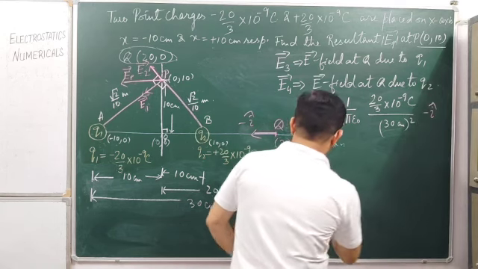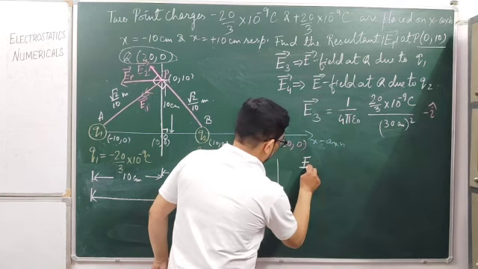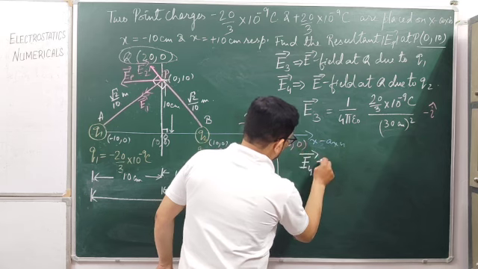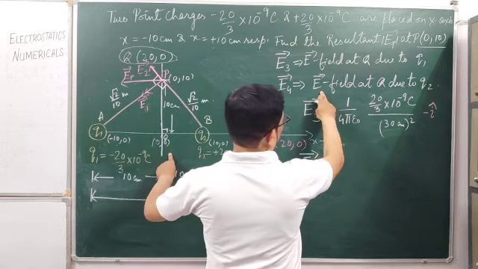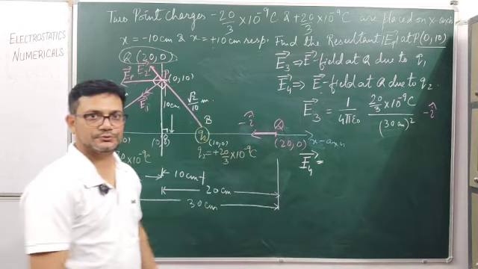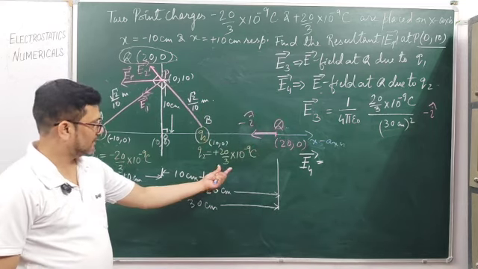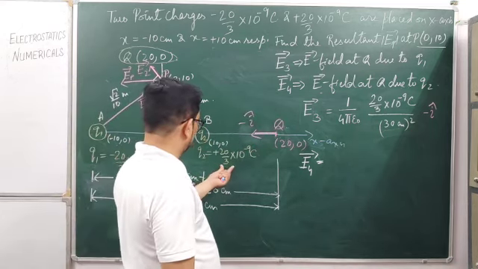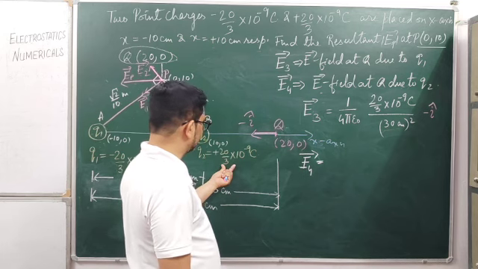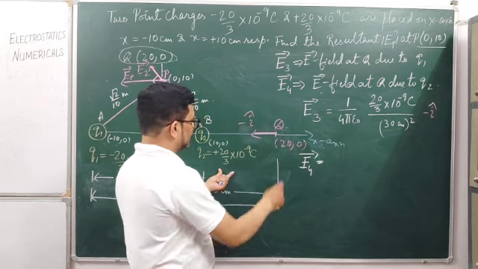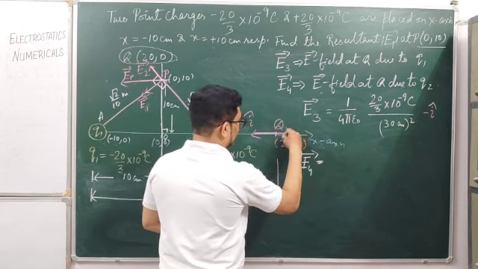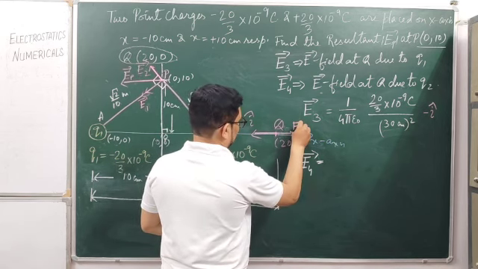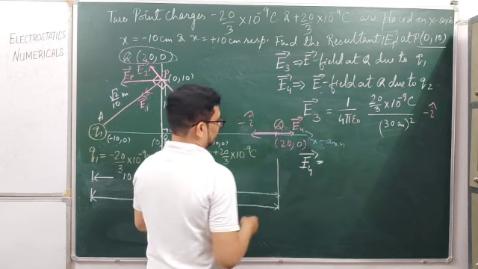Now what's going to be E4? E4 is the electric field at Q due to Q2. The value is plus 20 by 3 times 10 raised to the power minus 9, so it's going to be a repulsive force, and the direction of E4 would be towards the positive x-axis.